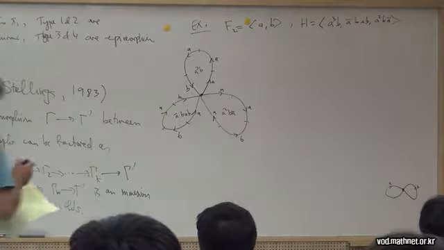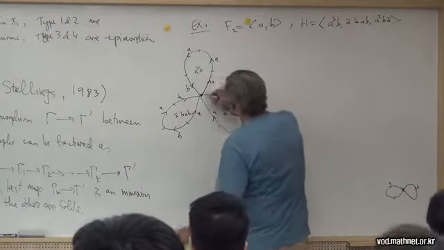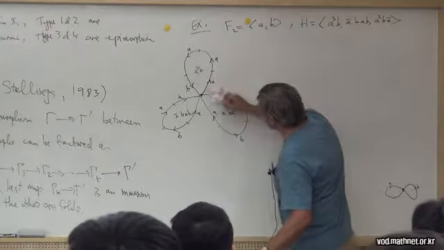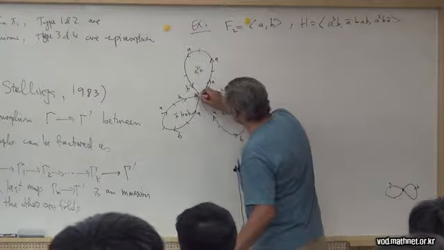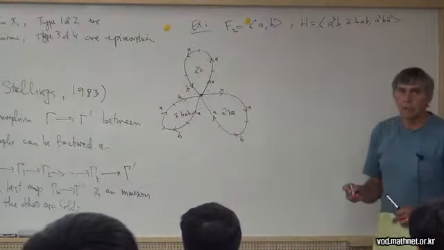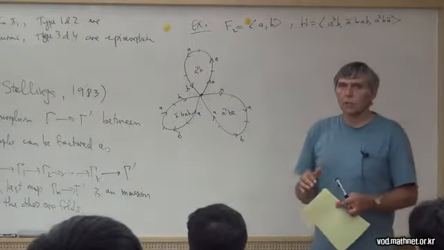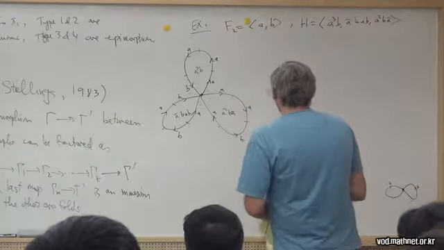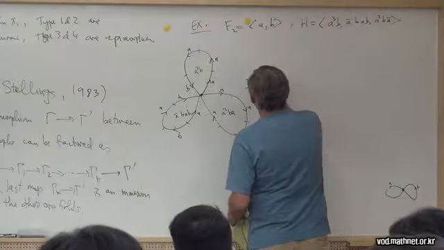For example, here there are 2 A's, so I can fold this A over this A. And I can do the same thing with the B's and then also with these A's. That's going to be my first fold, which is really 3 folds. But they're disjoint from each other, so it's easy to see what's happening. So this is 3 folds.